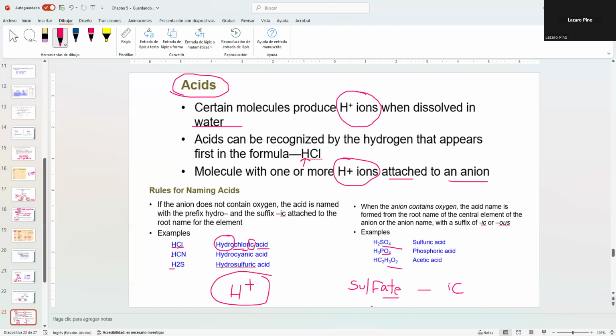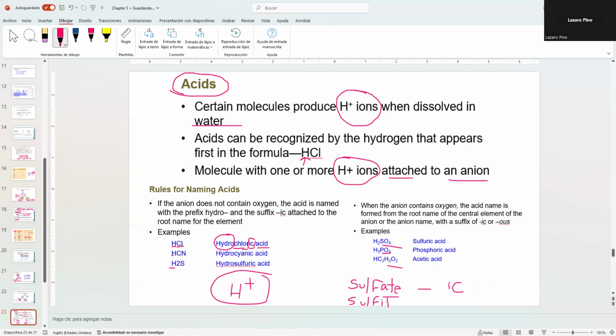If the ending is, for example, sulfite, then the ending ite changes to ous.